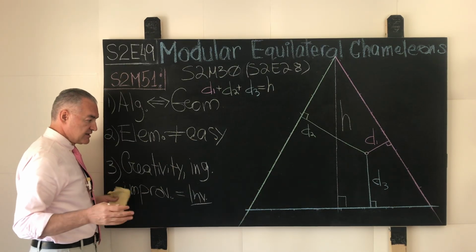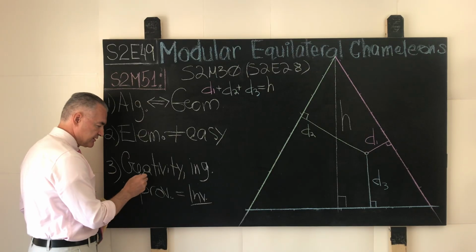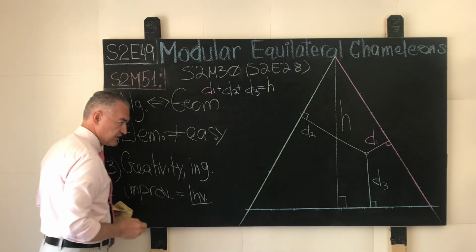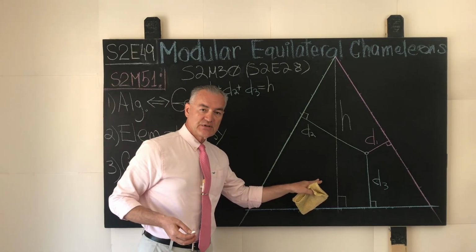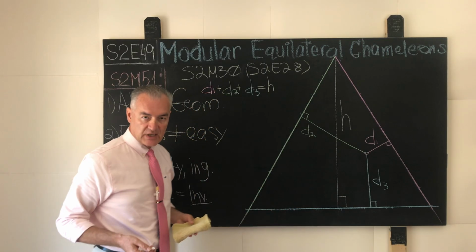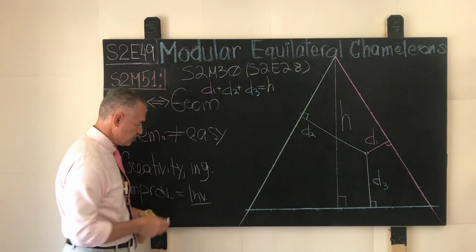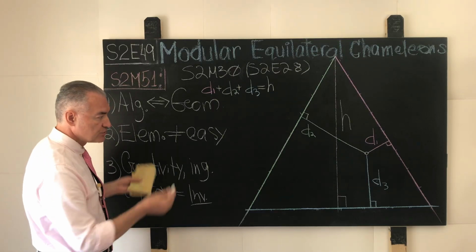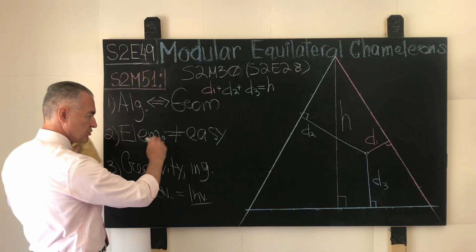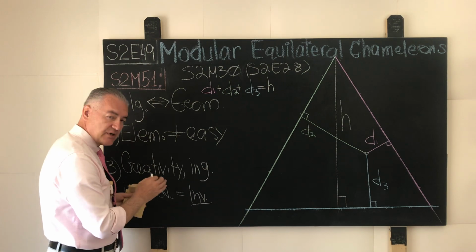And again, the sad statement here is that if you cannot exhibit creativity, ingenuity, and improvisation when it comes to the primitive, the basic elementary material, then what reasons do you have to think that you will be able to do the same with the highbrow or grown-up mathematics? There are no such reasons, so try to do that every time you solve a problem that has the algebraic flavor.